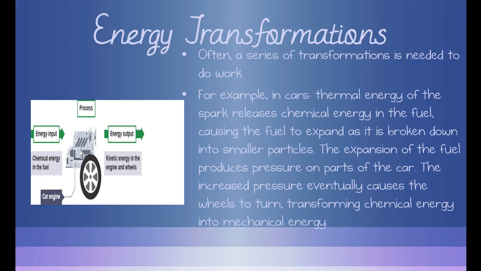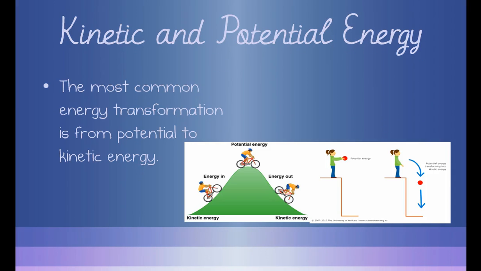We're breaking those bonds to release that energy. The expansion of the fuel produces pressure on parts of the car. The increased pressure eventually causes the wheels to turn, transforming that chemical energy that was stored in the chemical bonds of gasoline. And what is gasoline? Remember, it's the decayed, old, dead dinosaurs that we harvest as oil to use as fuel, and we turn that chemical energy into mechanical energy, causing our cars to move.